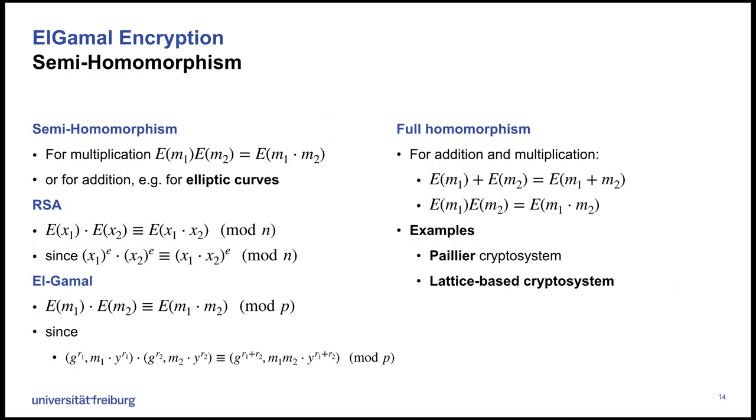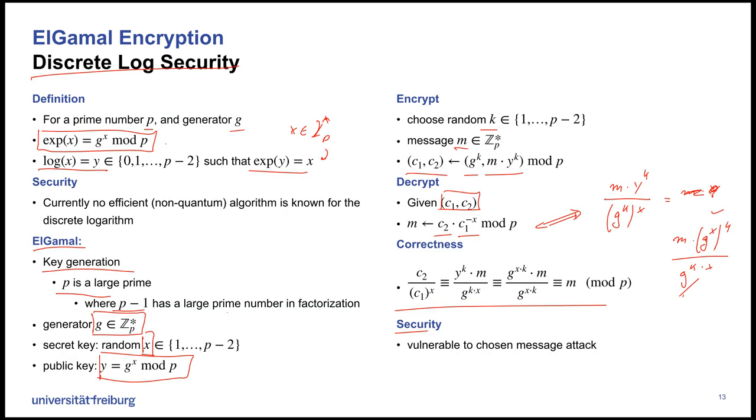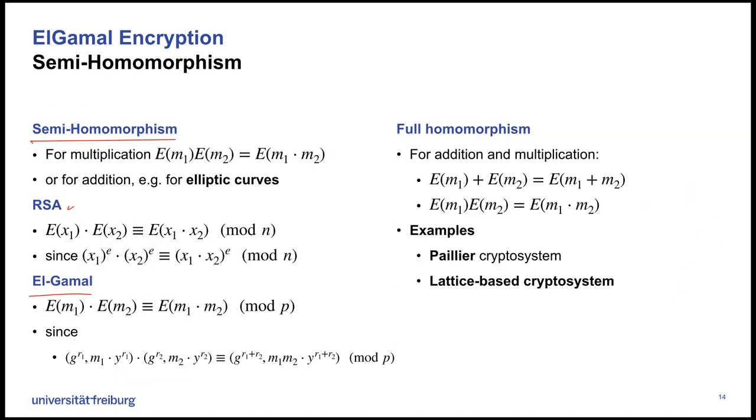So a very nice property again is that for elliptic curves, we have semi-homomorphism. Okay, so we already have seen this for RSA. Let's look how it works on El-Jamal. For this, we have to define what it means to multiply two code words, because now we take one message and produce a pair.